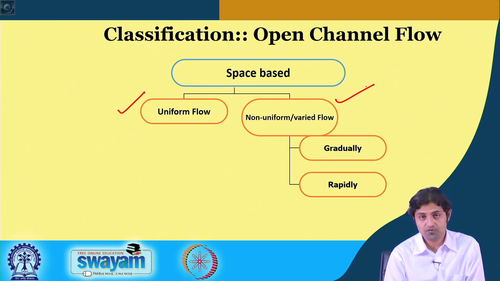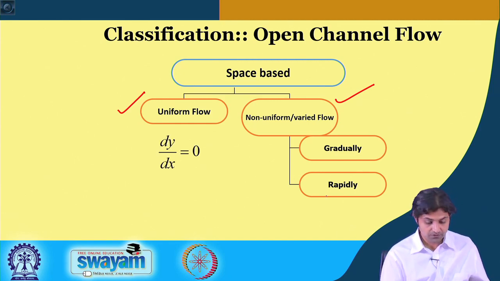In non-uniform or varied flow there are two types: gradually varied and rapidly varied flow. This is very important because many lectures will be dedicated to gradually and rapidly varied flows, and many lectures will also be dedicated to uniform flow in open channels.